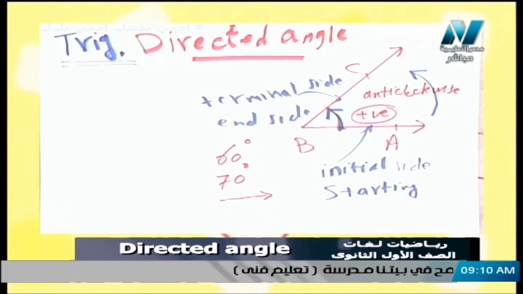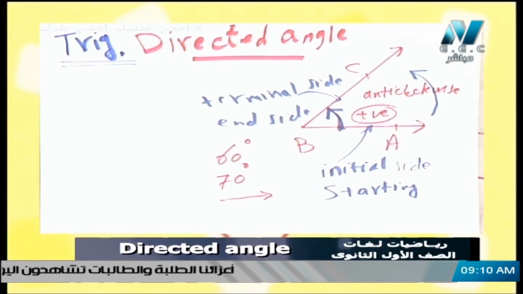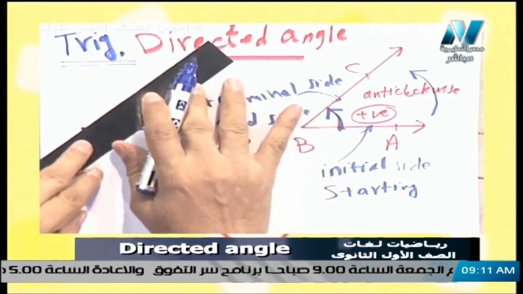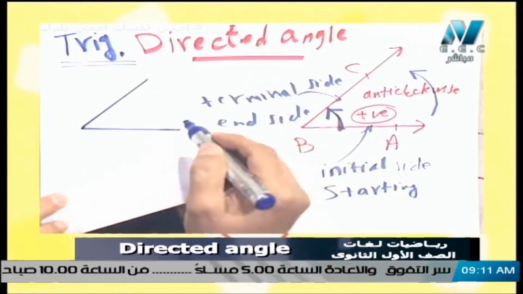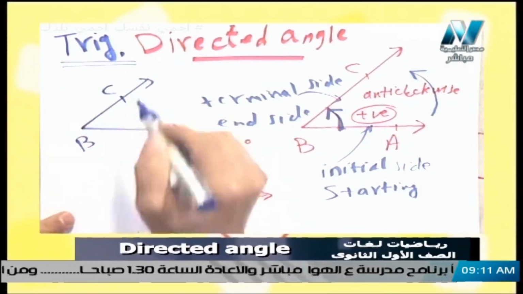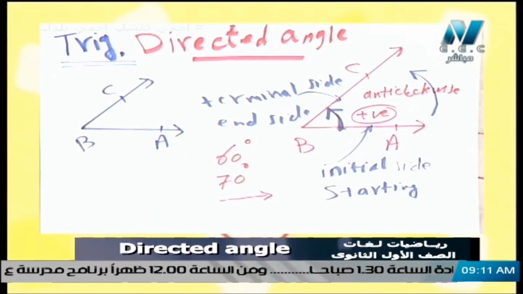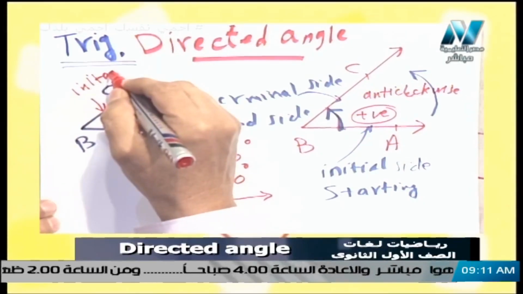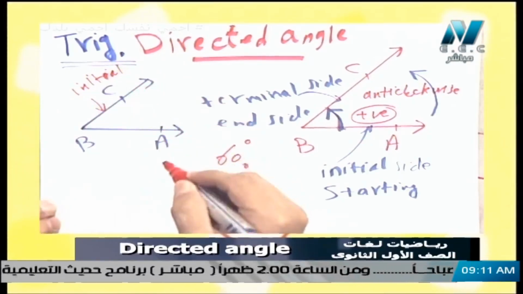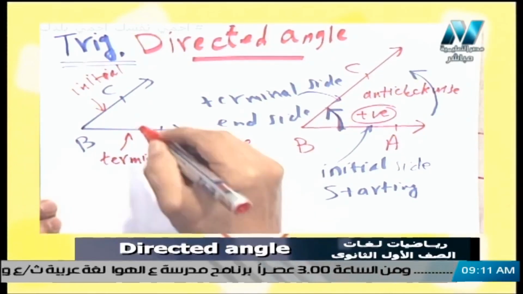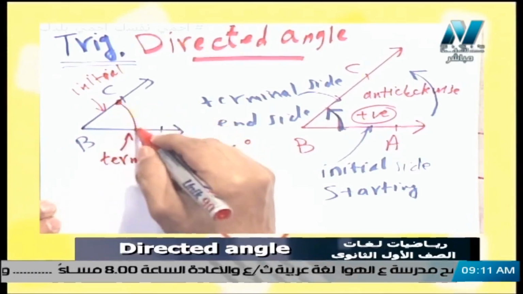Okay. But if we have another angle like that, we have an angle here, two rays or two sides, and we have here A, B, C, and if we consider that this side will be initial and this side will be terminal, the direction of course will be starting from here to here.